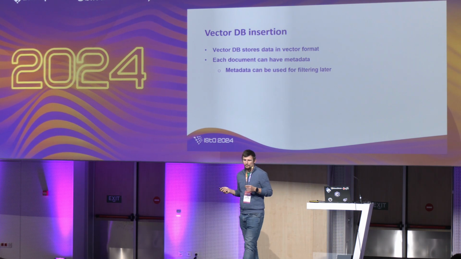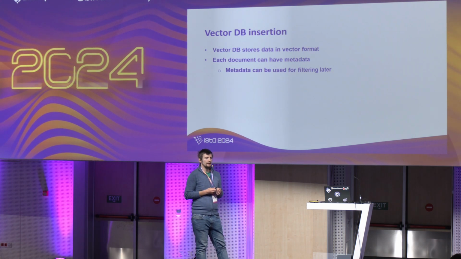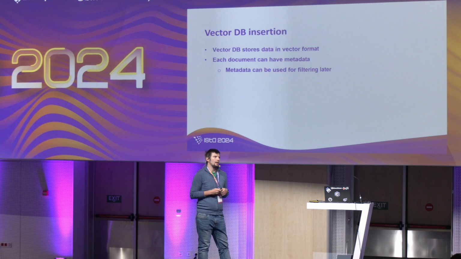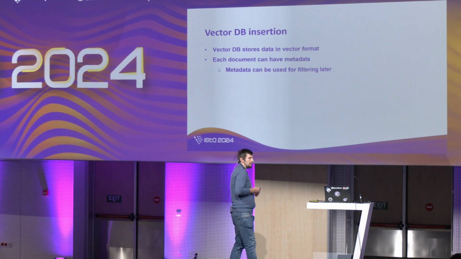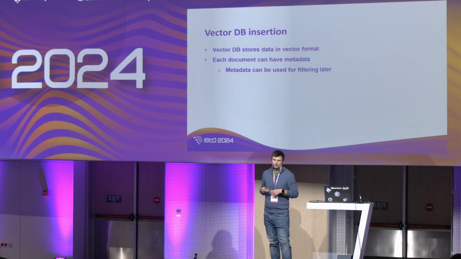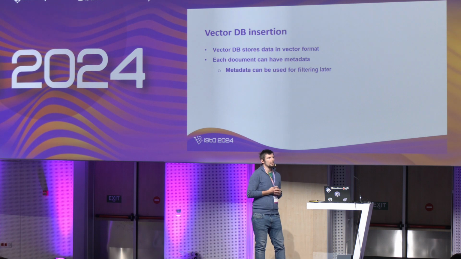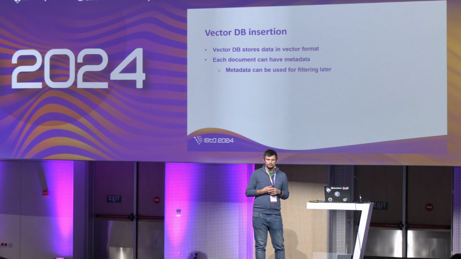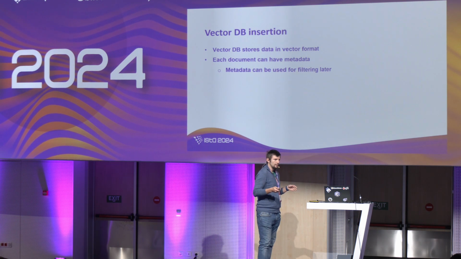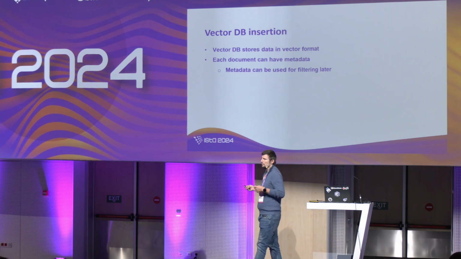When you have the embeddings, we want to insert them inside our vector database. We typically add some additional meta information to the documents. This can be used in order to filter these documents, additionally to the relevancy of the documents.